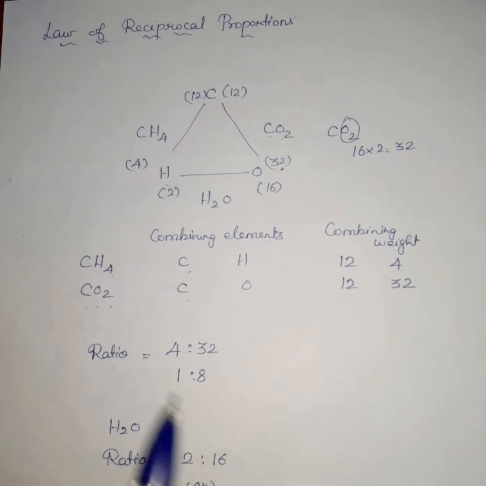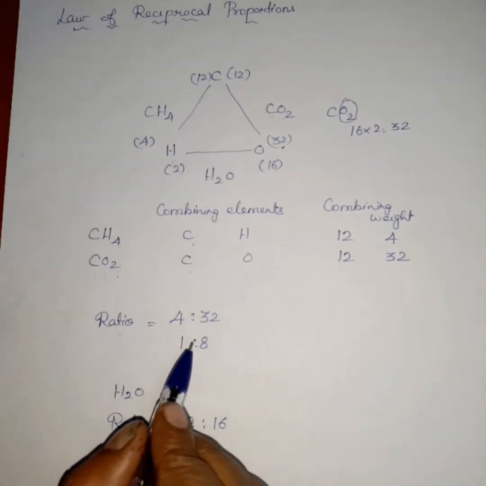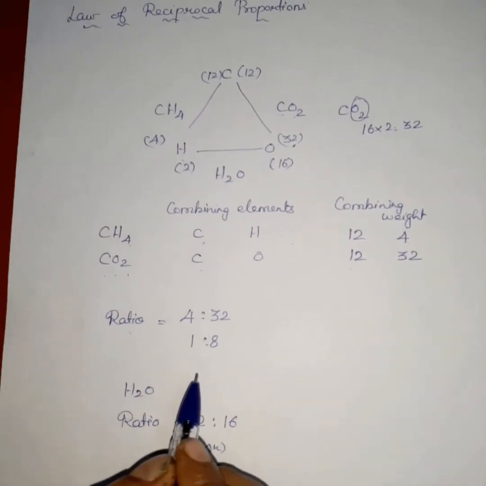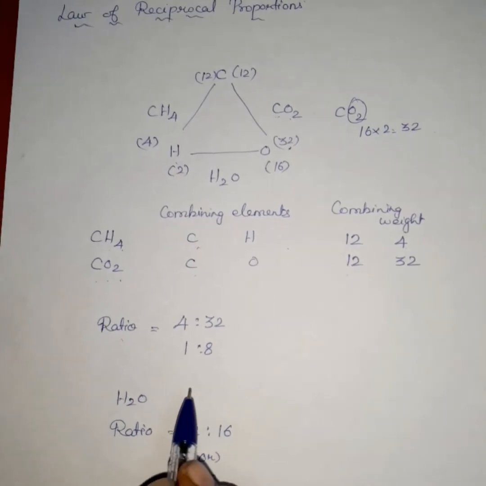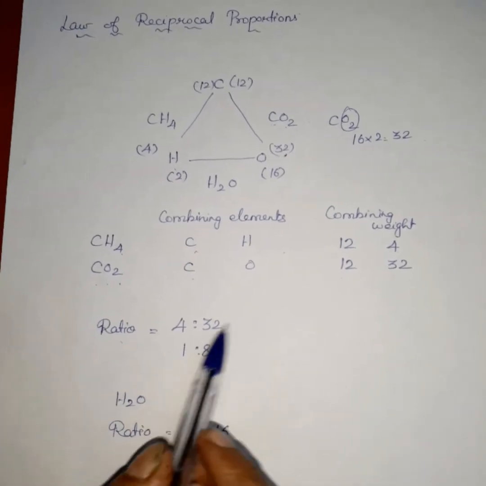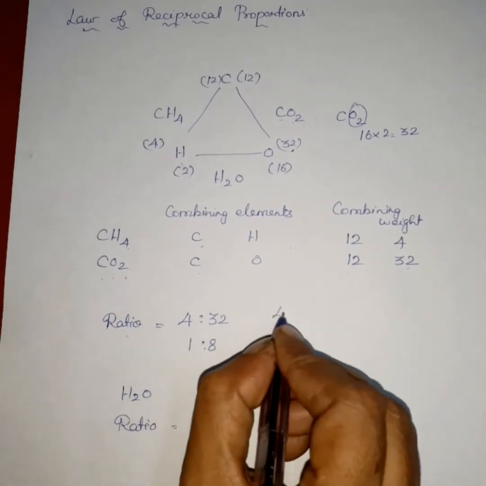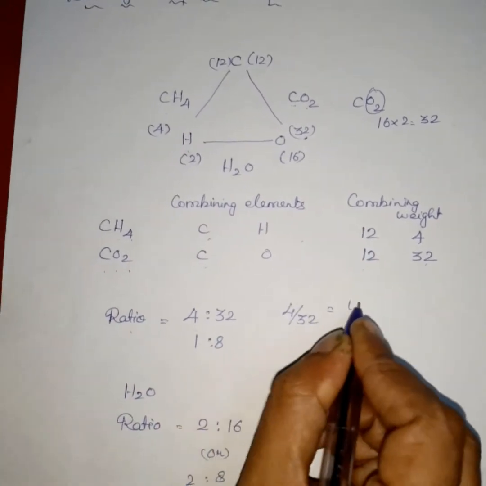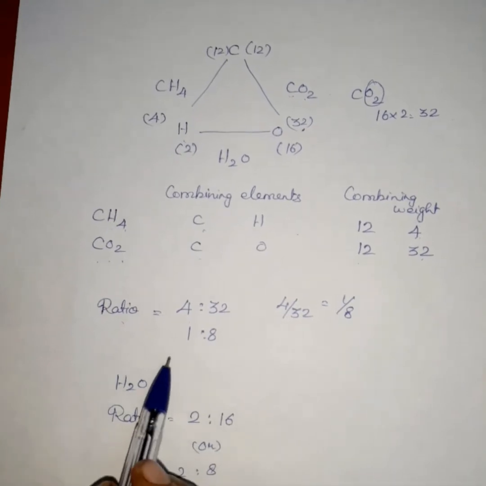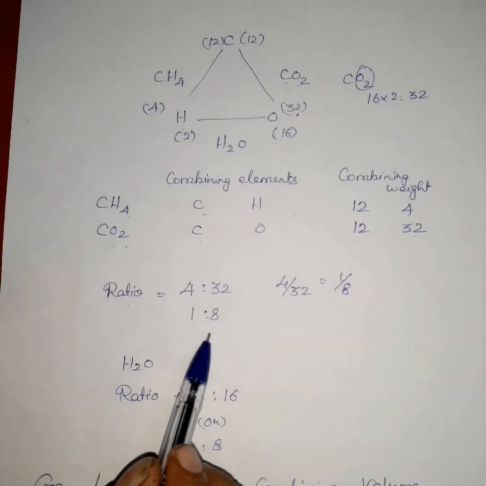So the ratio of different masses of hydrogen and oxygen that combine with the same mass of carbon is 4 is to 32. So 4 divided by 32 equals 1 divided by 8. So now you are getting the answer 1 is to 8.